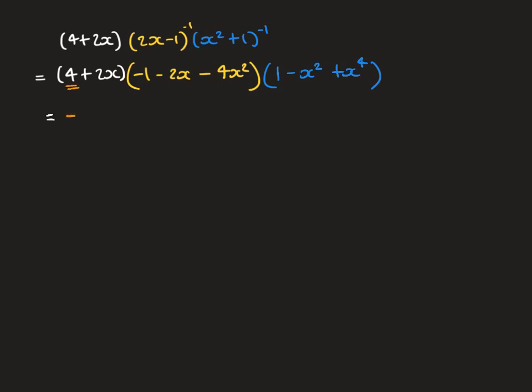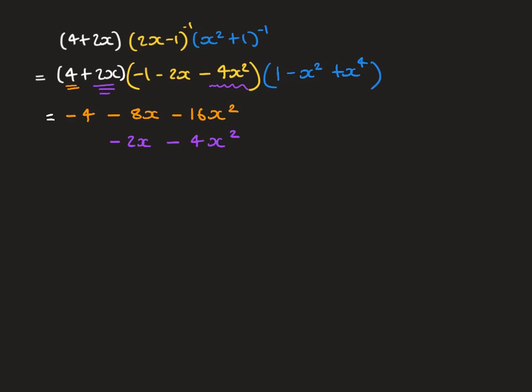So let's see what we get. We get negative 4 minus 8x minus 16x squared. And then let's multiply everything in the yellow bracket by the 2x, which gives us negative 2x, negative 4x squared. And remember, we only wanted the first three terms, which is the constant term, the x term, and then the x squared term. So I'm not going to bother multiplying 2x by this negative 4x squared here, because that will give me a cubic term.